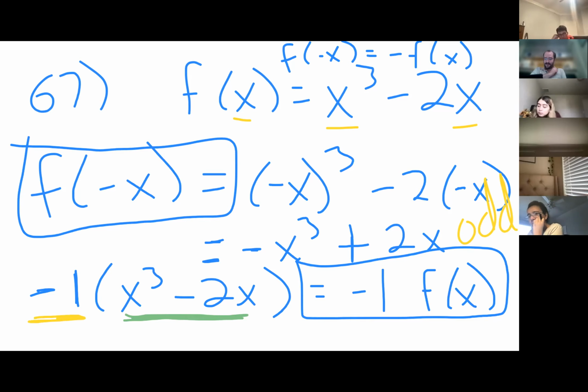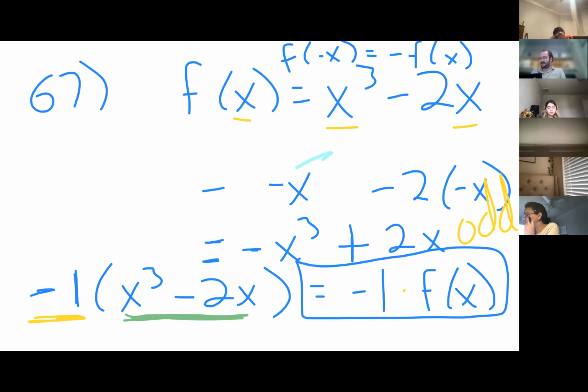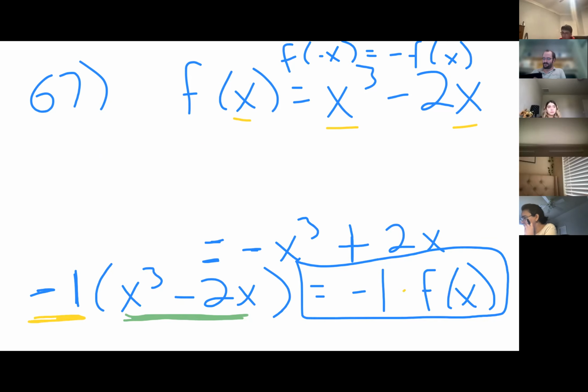If we can factor out a -1 from everything, that's just the -1 times f of x, right? Or minus f of x. So either you can try to factor out a negative from everything, or the other way you might see it is to right off the bat think about what your f of minus x would be, or minus f of x.